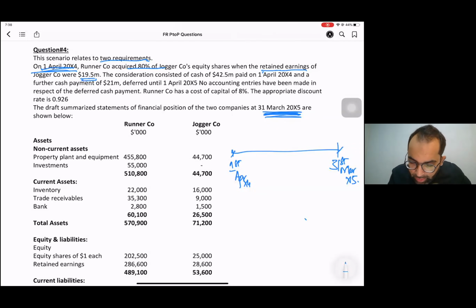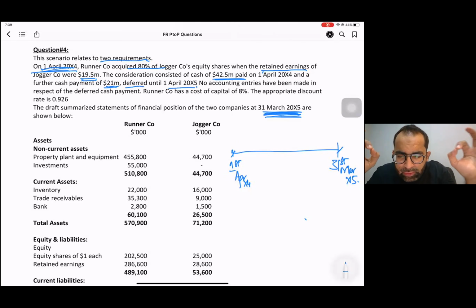Now the consideration consisted of 42.5 million cash, and a further cash payment of 21 million deferred until 1st April X5. So there are two types of consideration in this question.